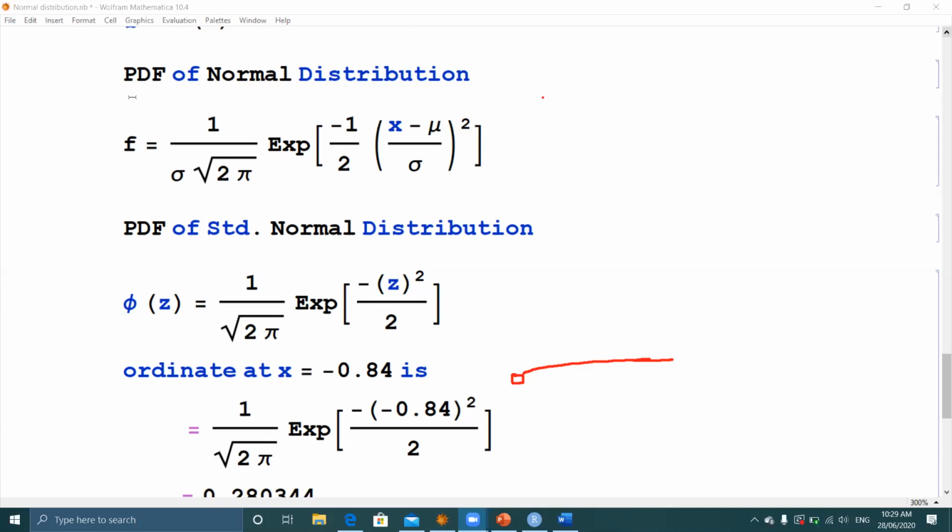First one we mentioned here, the probability density function of the normal curve. This is the probability density function of the normal curve. F is equal to this one. We can write it with e, or exponent, raised to the power, the same way.